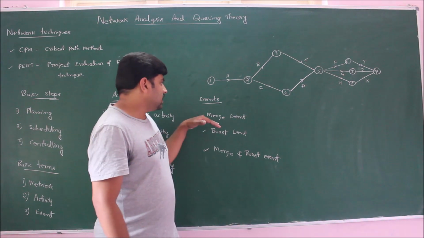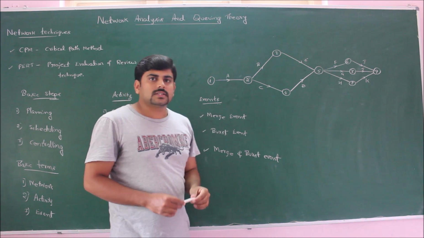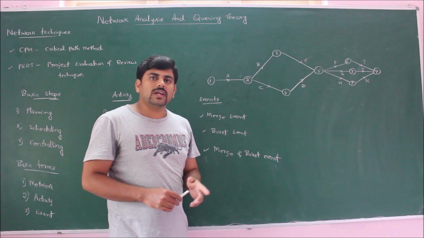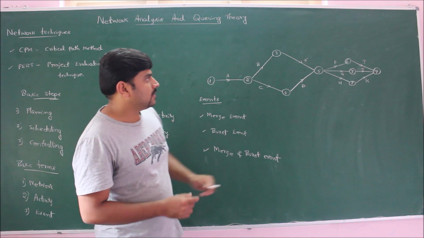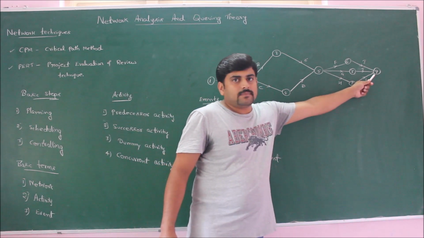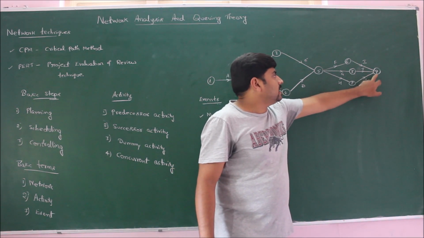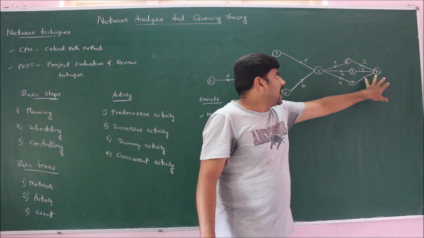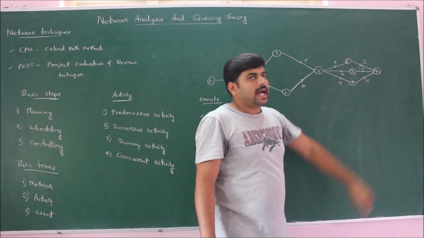Coming to the first, that is merge event, these are the events for which more than one activity is coming in. In this network, event 9 is an example of a merge event, because for this event 9, 3 activities are coming in. That is activity I, activity J and activity K.